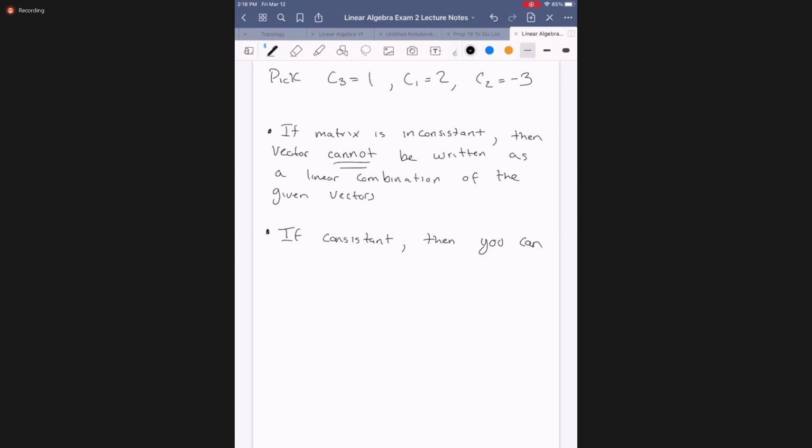So given a set S of say u1 through un, the span is the collection of all possible linear combinations.